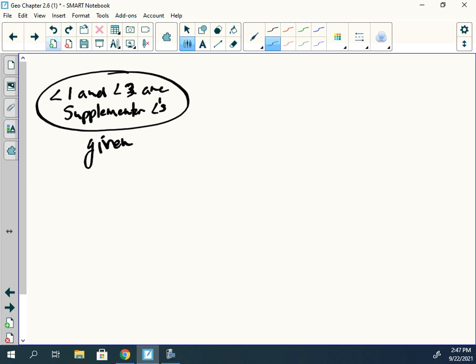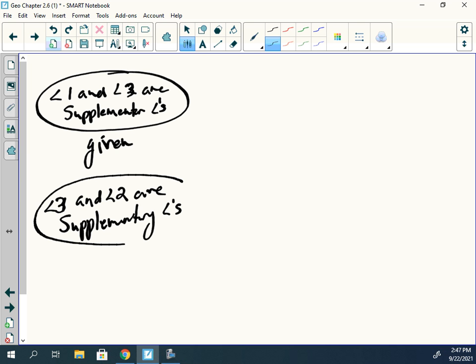Our other given information was that what? The 3 and angle 2 are supplementary angles. And that right there is just our given.